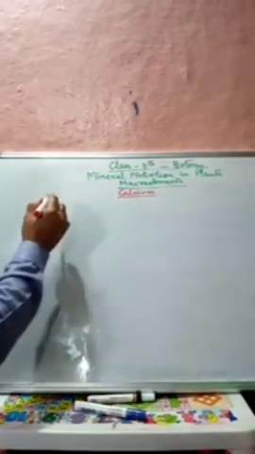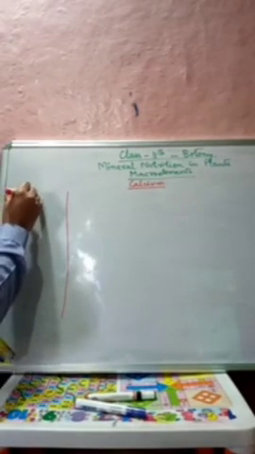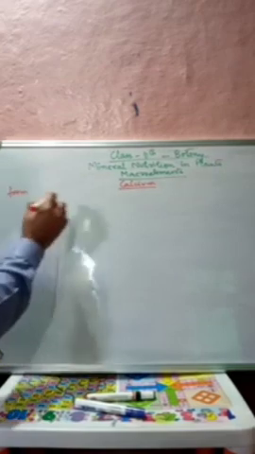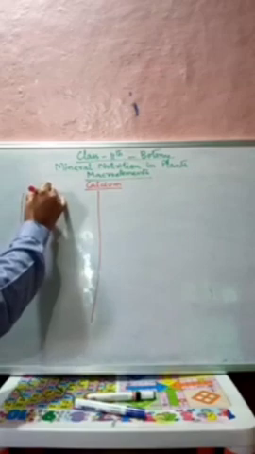Again, these elements will be discussed in four categories. First, the source: the form in which they are absorbed. Second, their requirements: where they are required.